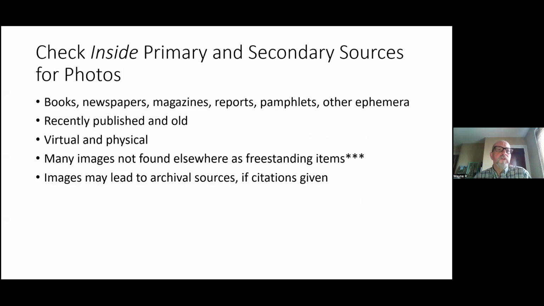You'll also want to search inside primary and secondary sources for photos. Primary sources are sources that deal with raw data, like census information, or first-hand accounts. Secondary sources deal with massaged data or commentaries, analyses, and what have you. Think of it as if I did a memoir about my life growing up in Downsview, that would be a primary source.